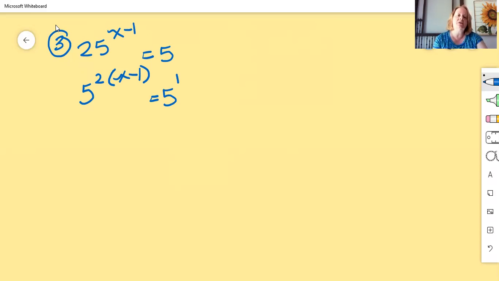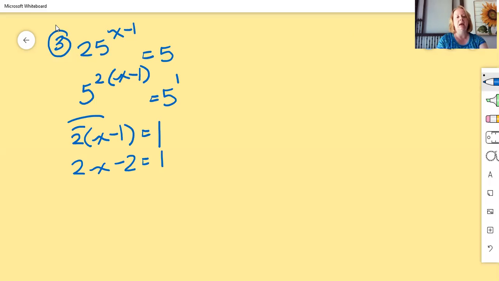So now that the bases are the same, I can set the exponents equal to each other. So we're going to have 2 times x minus 1 equals 1. And we're going to distribute the 2 through. So 2x minus 2 equals 1. We're going to add the 2 over. So 2x is going to equal 3.